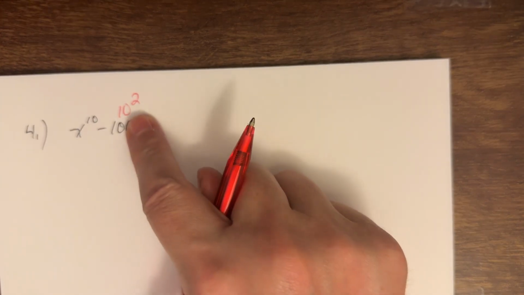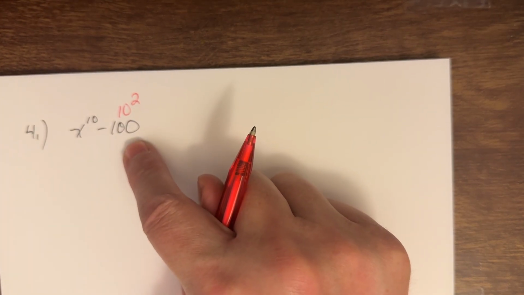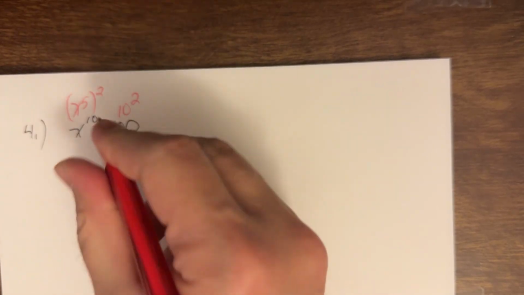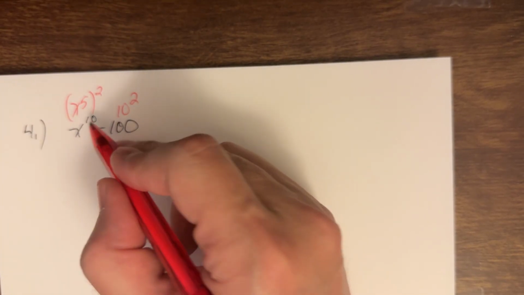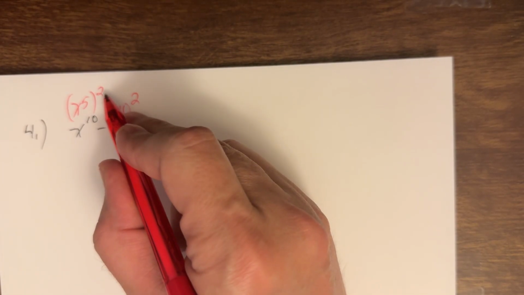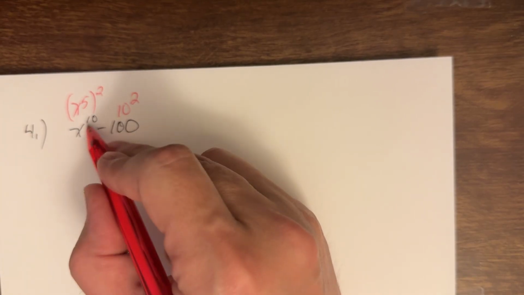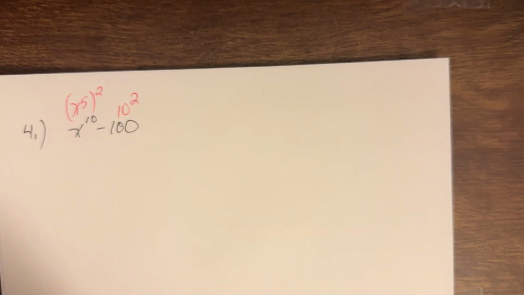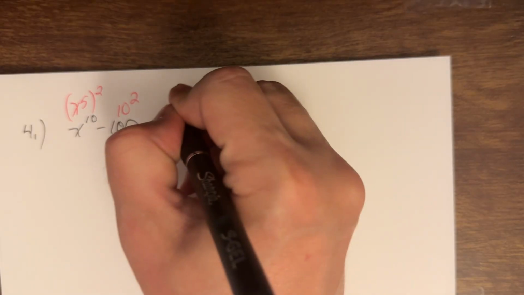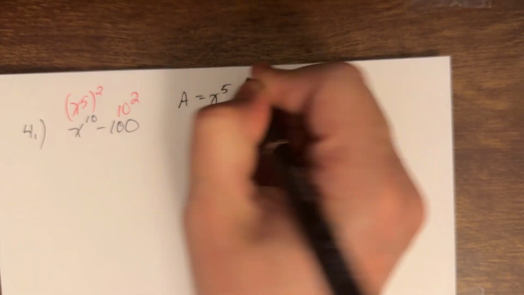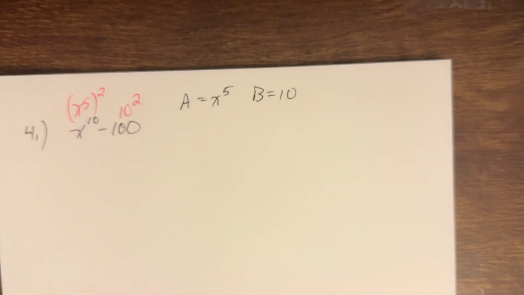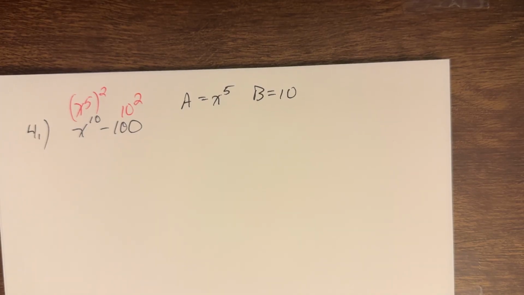Well, that kind of gives me a hint to think, what about perfect squares? To then realize, oh yeah, that's where I could break that exponent apart. X to the 10th is x to the 5th squared, right? 5 times 2 would get me to the 10, so I could make that separation. So therefore, a would be x to the 5th, b would just be plain 10.